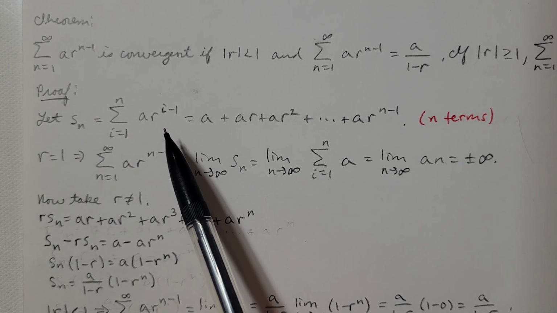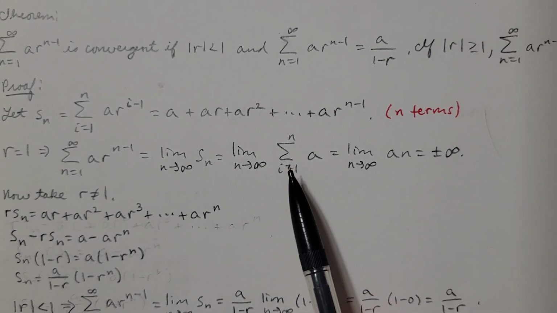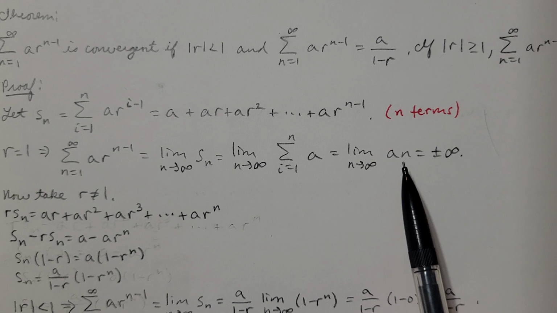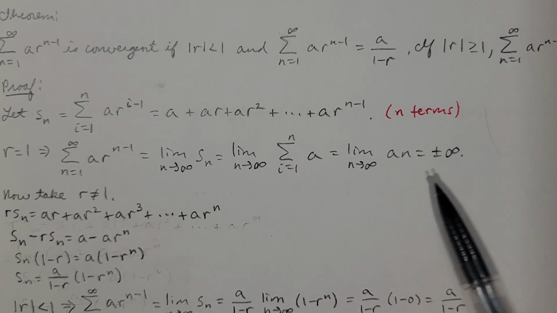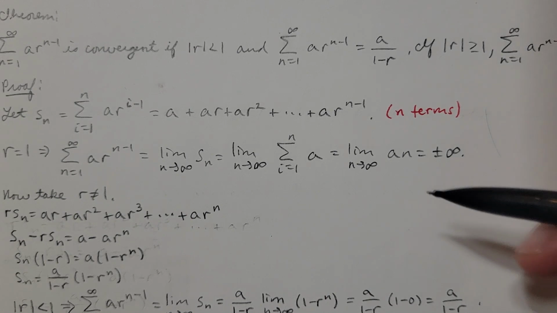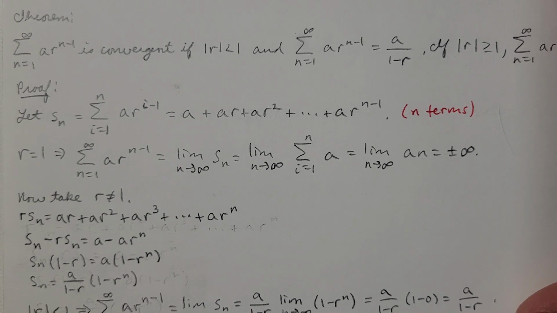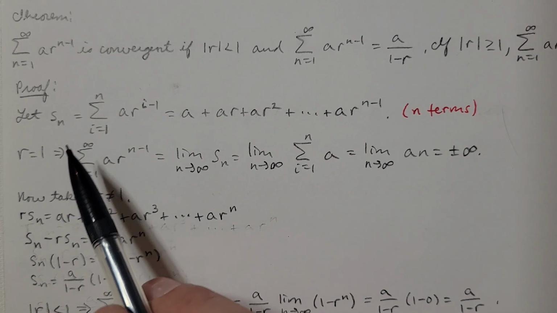So 1 to any power is always 1. And in this problem here, I'm adding up a n times. Okay, well that's the same as a times n, right? And the limit as n approaches infinity of a times n, that's going to be infinity or negative infinity depending on the value of a. Okay, so you're going to have a divergent series if r is 1.